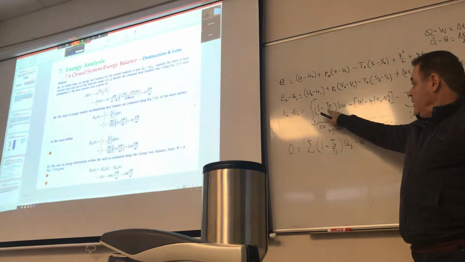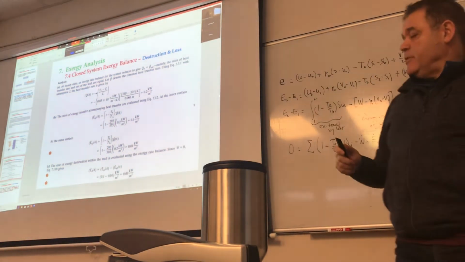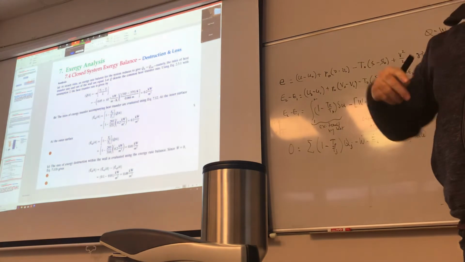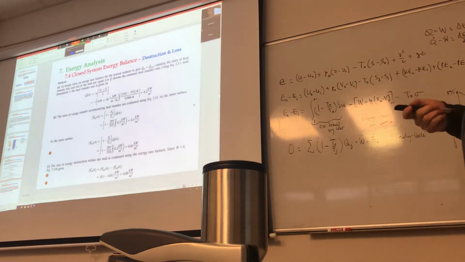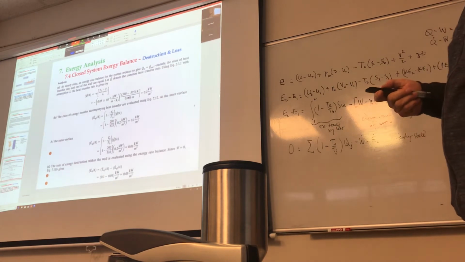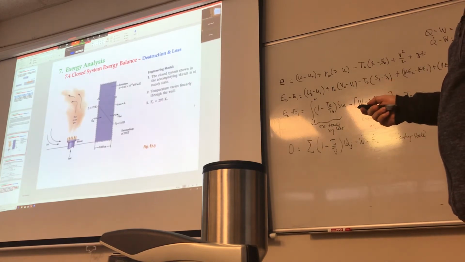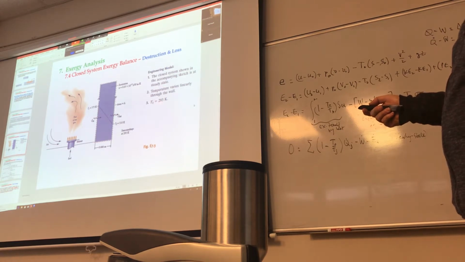First of all, what is T0 here? It's the surroundings, the temperature on the outside, the dead state. T naught is 293. And what is the boundary temperature?